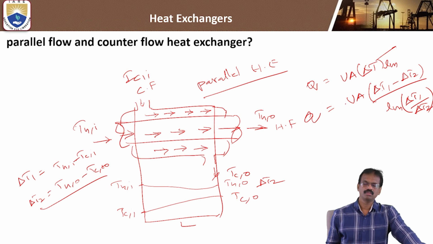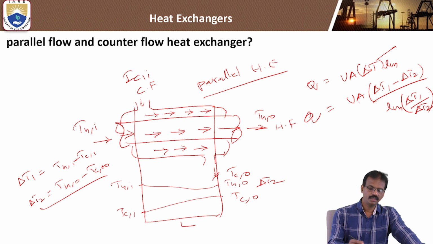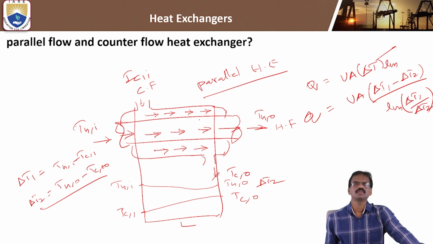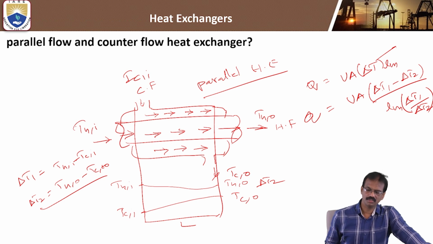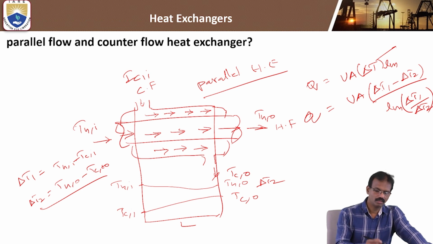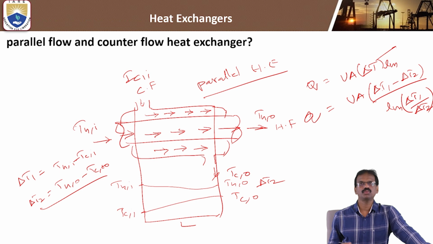U is the overall heat transfer coefficient, and A is the area of the heat exchanger. Delta Tm, this is the temperature difference. To find the rate of heat transfer through parallel flow, we require inlet and outlet temperatures of both the fluids.